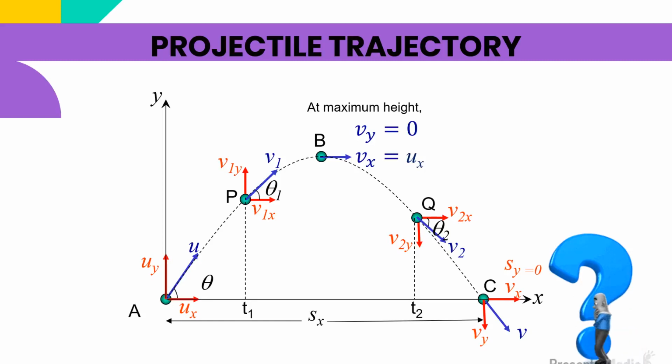Sx is the distance between the initial and the final position of the object. And the total time travelled from A to C is called flight time.